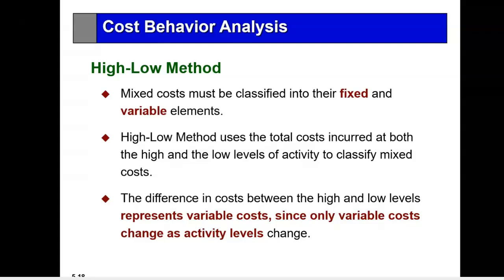Now, we can't work with a mixed cost. We have to break it into its fixed portion and its variable portion. We know the variable portion changes with the level of activity, but the fixed doesn't. So what we do is track this cost.